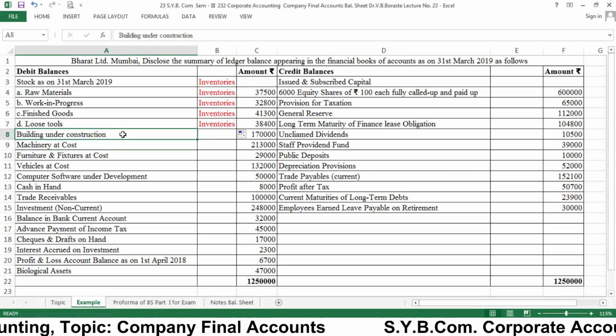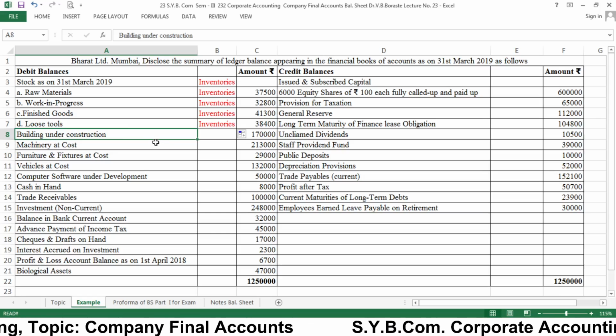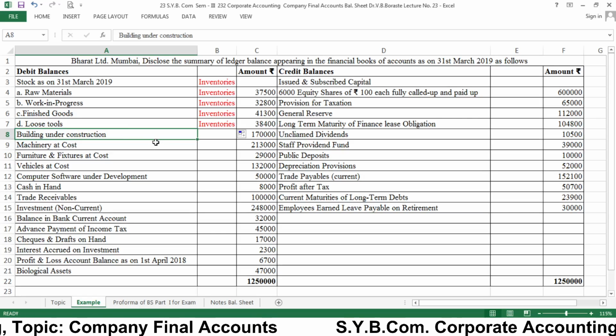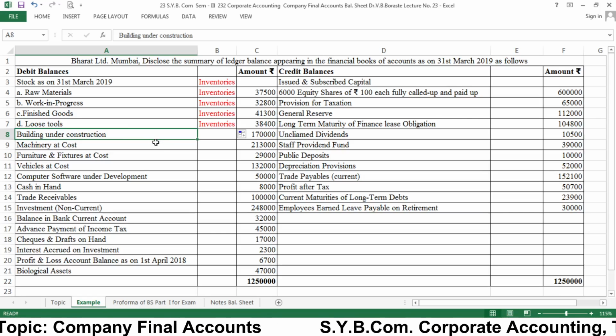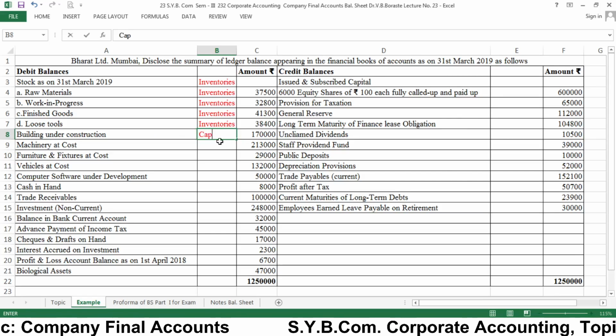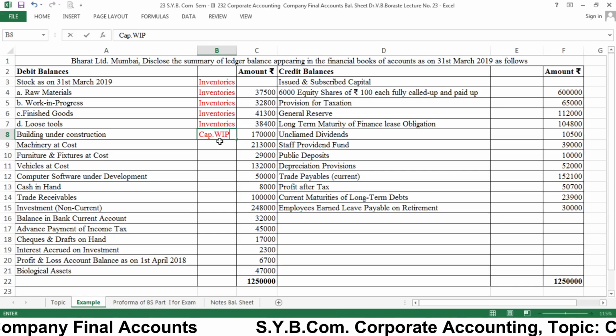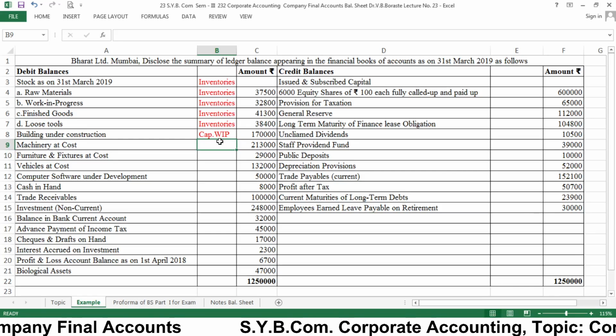After that, there is building under construction. As we have already discussed, if the building is under construction, it is called capital work in progress. So here I am just writing down capital WIP, that is work in progress. Machinery at cost.